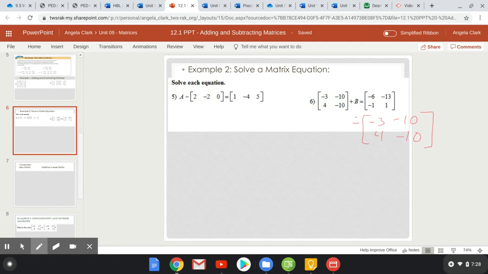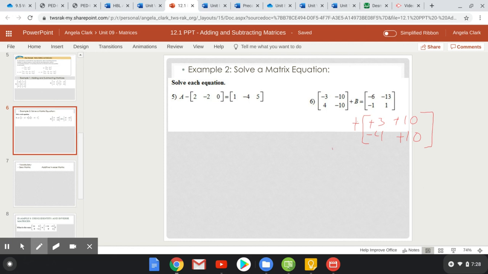So I can make this a plus, and I just change the sign on everything inside the matrix. So now these are all positive, and this is negative. Notice that this is the additive inverse of this. So if I added them together, I would get that 0 matrix. I'm going to skip that step, but that's why this works, okay?